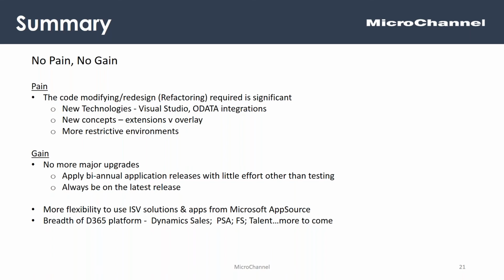There's some more flexibility there. With the code now being managed independently from Microsoft's code, this opens up the opportunity to use other ISV solutions that are being published on Microsoft AppSource, and other Microsoft-related products which are coming out, Talent, PSA, Field Service, etc. And that was really it from me.